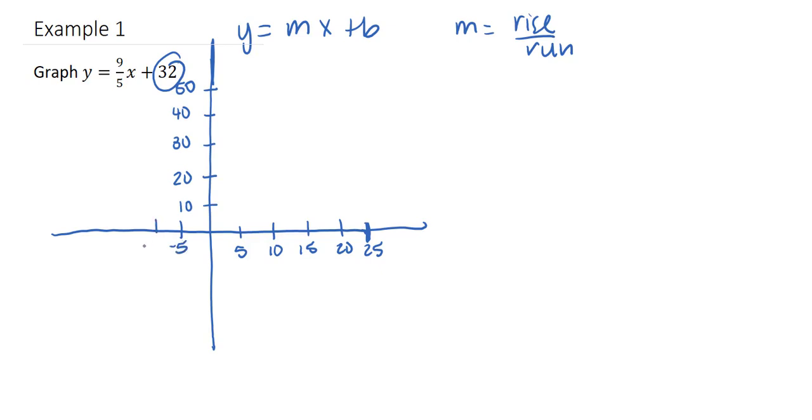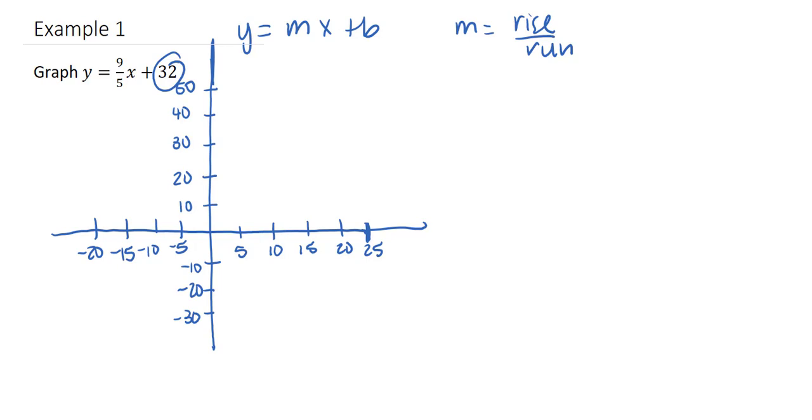And this would be -5, -10, -15, -20, and then this could be -10, -20, -30, and so forth. So notice that we just made our own graph.